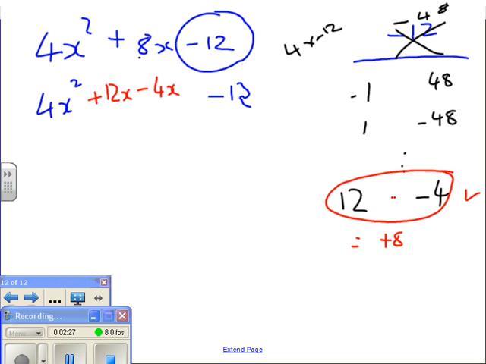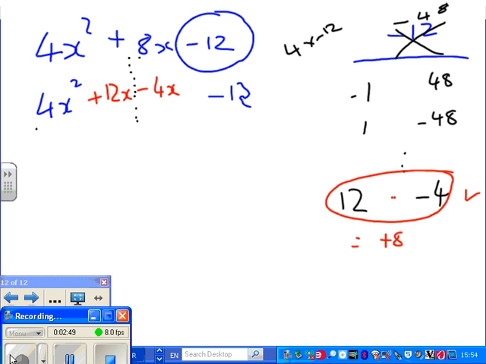So all I'm going to do, this is the wee trick part, is put a wee dotted line in there and imagine it as being two separate things that we want to factorise.